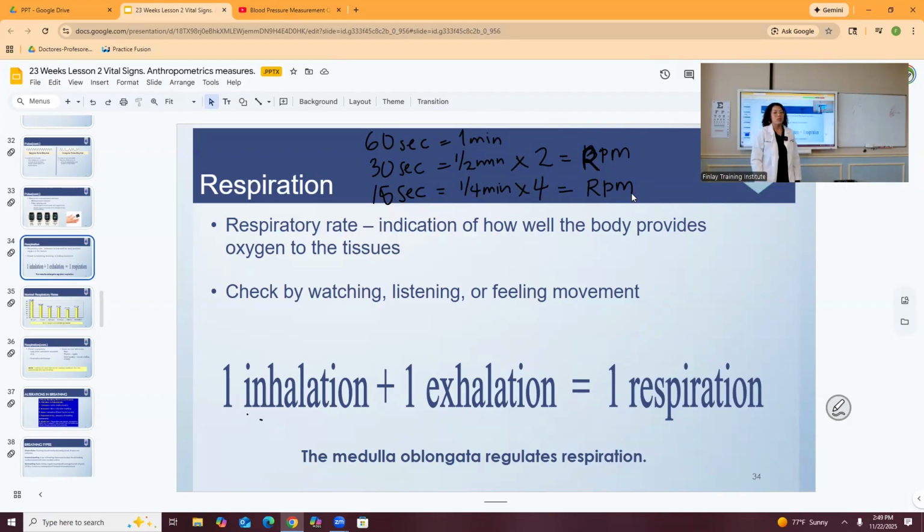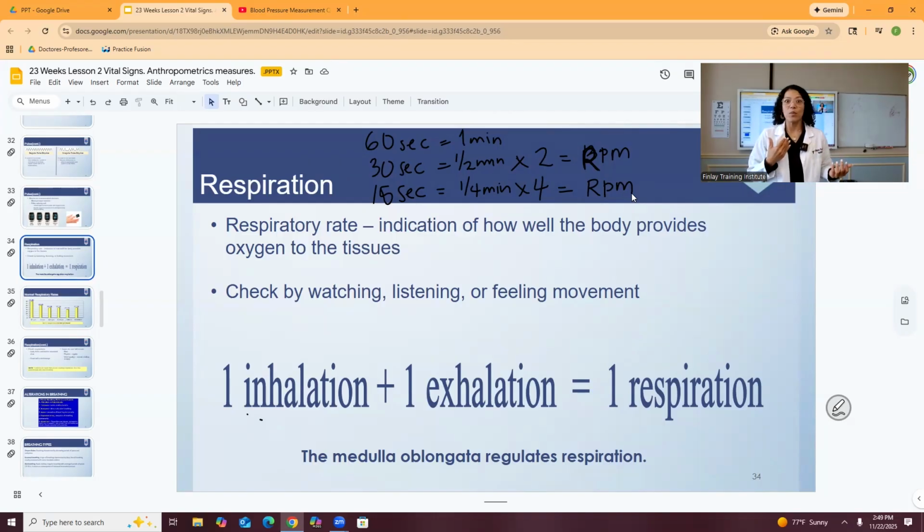So every time that we see the patient doing that, that's 1, okay? I recommend for you to start by taking the pulse. When you finish taking the pulse, just keep your hand in there, look at the patient, and you can look at the movement.